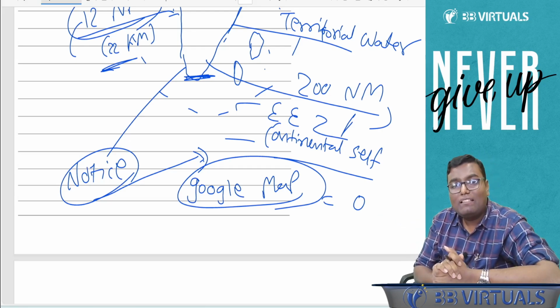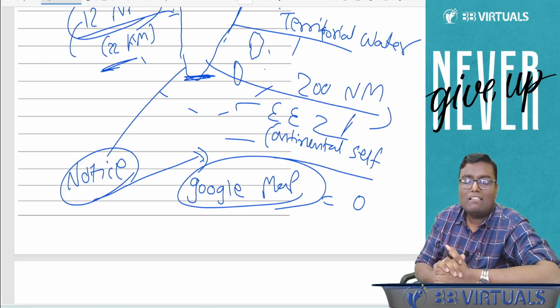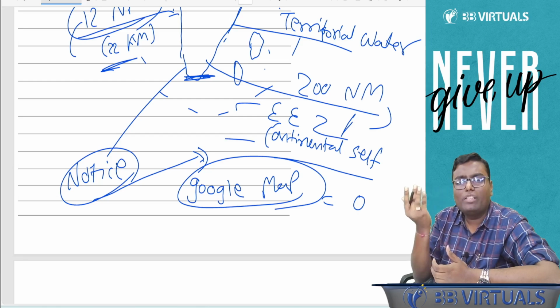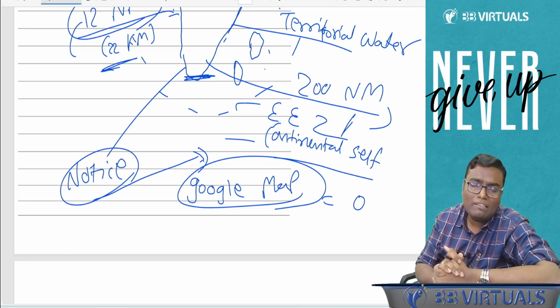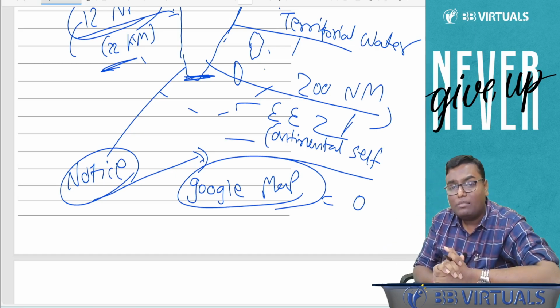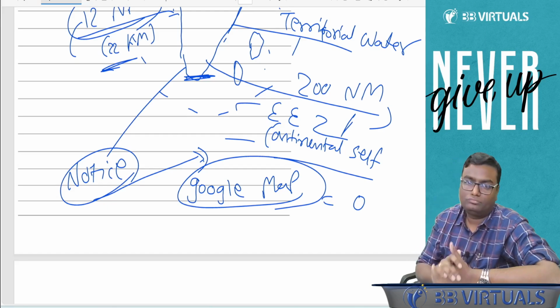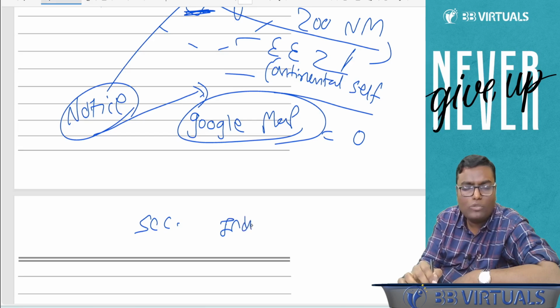What Ram Jethmalani sir brilliantly argued was, sir, this notice is void ab initio. It doesn't have any base in itself. The judge said, why? Google Map is earning from India, so it has to pay tax in India. Ram Jethmalani sir said, no. Section 1 is applicable to the whole of India, including Jammu and Kashmir.